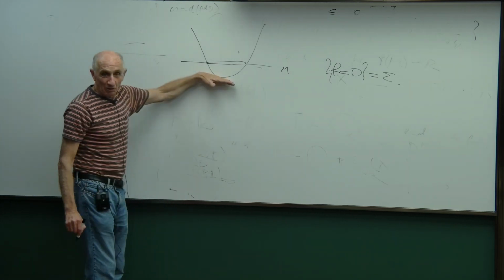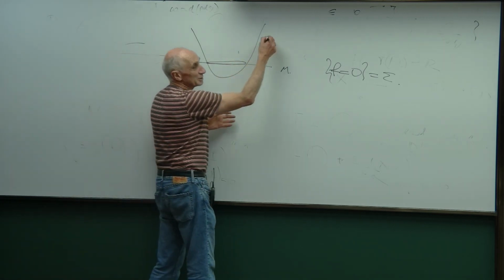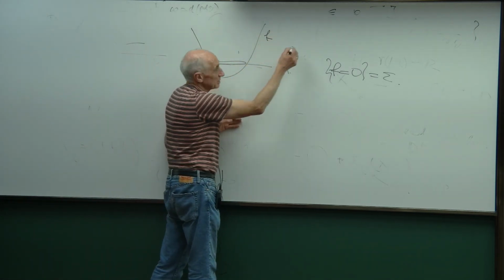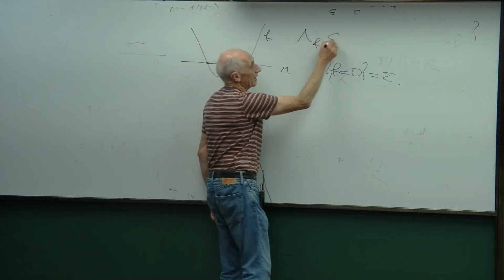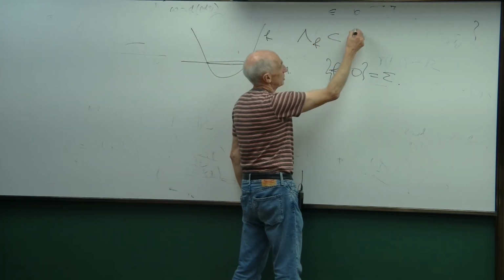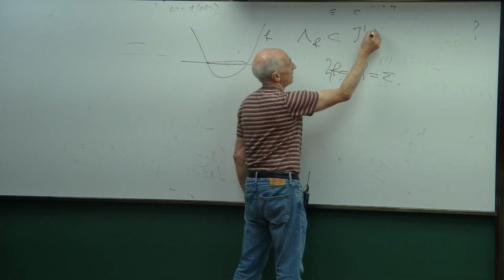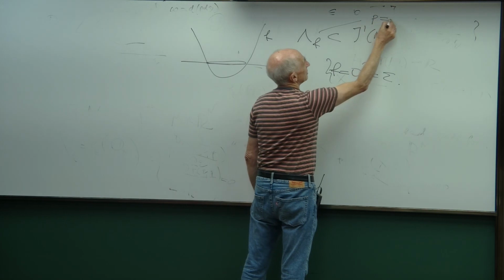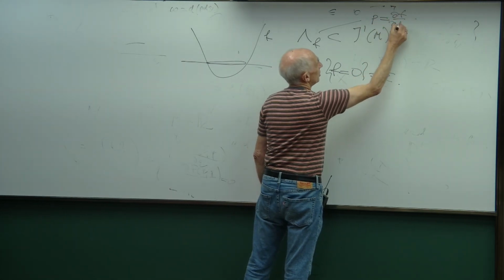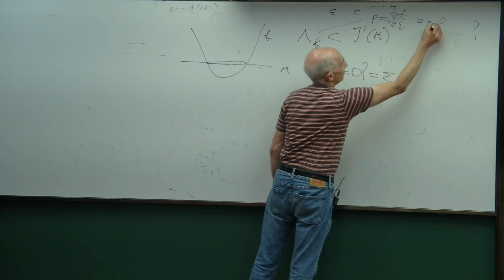So this was f. Now we take the corresponding graphical Legendrian in 1-jet space. It's a lambda_f in 1-jet space, and it's given, again, by p equal to df over dq, and z equal to f of q.